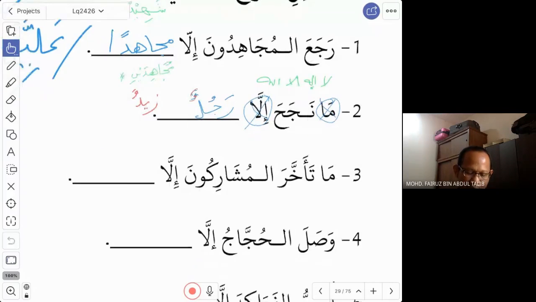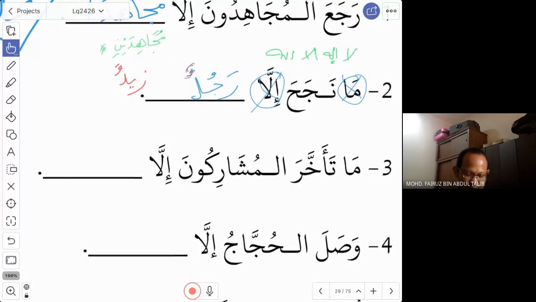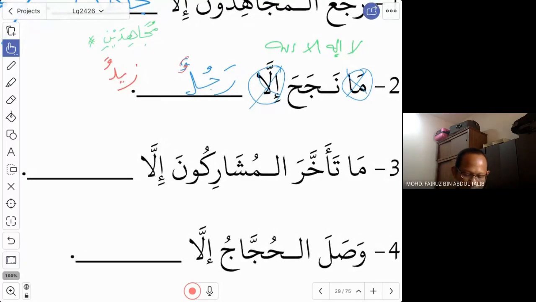Al-jumlatu thalitha: ma ta'akhara. What is this ta'akhara? Late. Ta'akhara means late. So the musharikun, the participants, were not late.